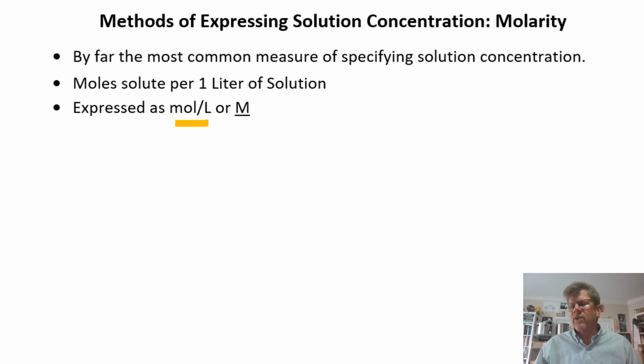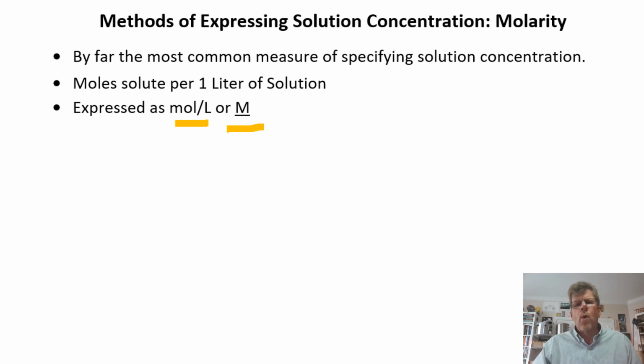And a way it's expressed in an abbreviated sense is as shown right here. The capital M with a line under it. Sometimes in some textbooks, they don't show the line. It's just the capital M, but I show it as an M with a line under it. That is considered a molar.